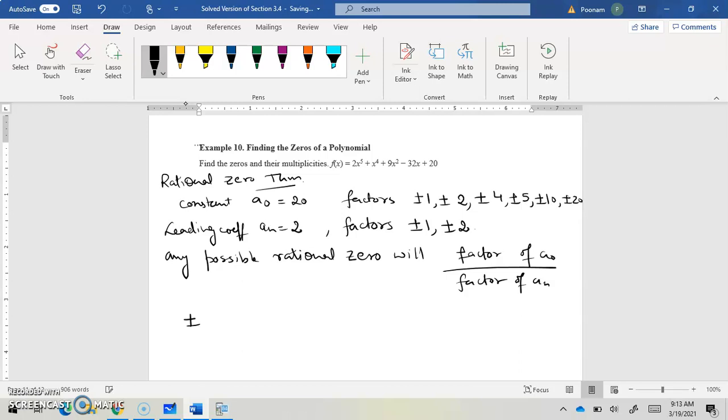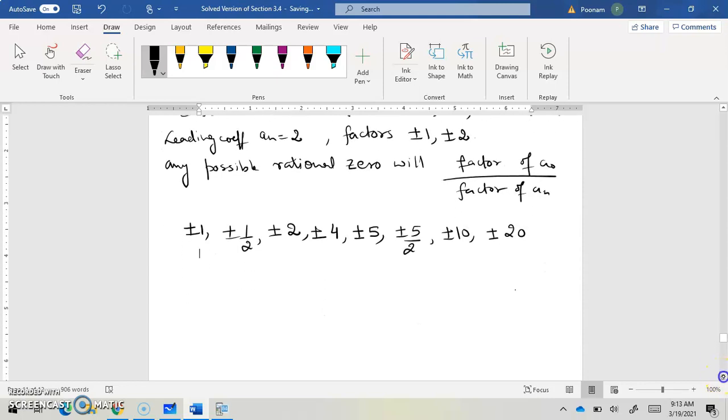Plus minus 1 by plus minus 1, which is plus minus 1, plus minus 1 by plus minus 2, which will be this, plus minus 2 by plus minus 1, plus minus 2 by 2 would be 1, I don't have to write that, plus minus 4 by 1, or plus minus 4 by 2 will be plus minus 2, I do not need to write again, plus minus 5, plus minus 5 by plus minus 2, plus minus 10, plus minus 10 by 2 will be plus minus 5, I do not need to write it, plus minus 20.